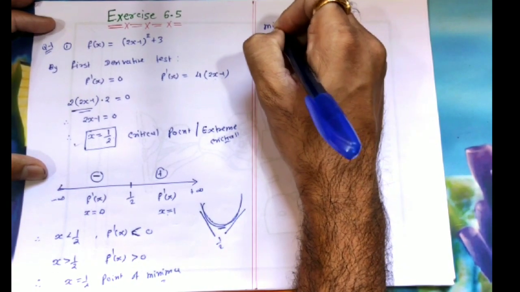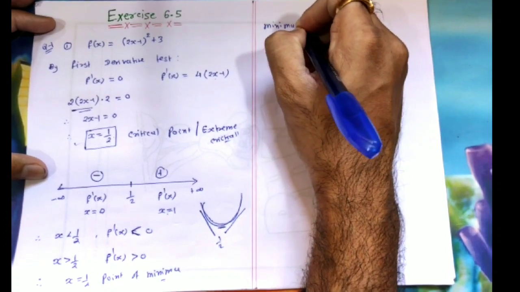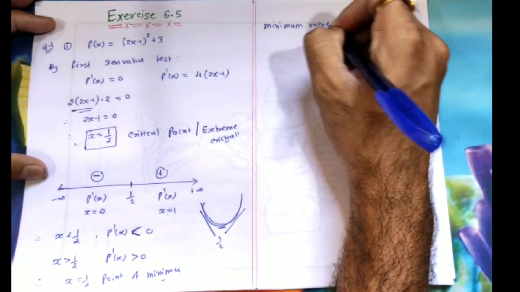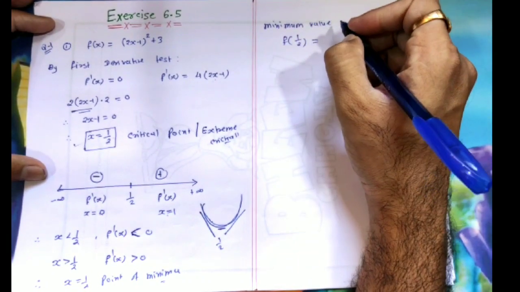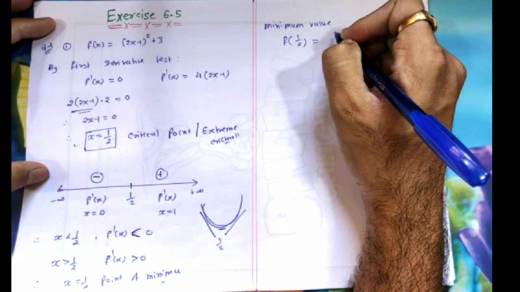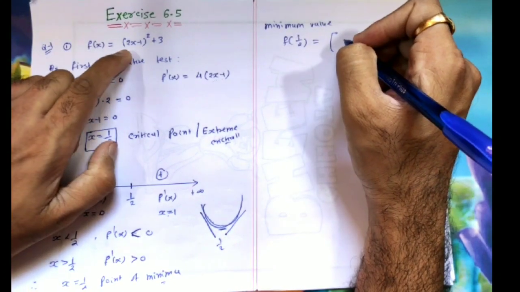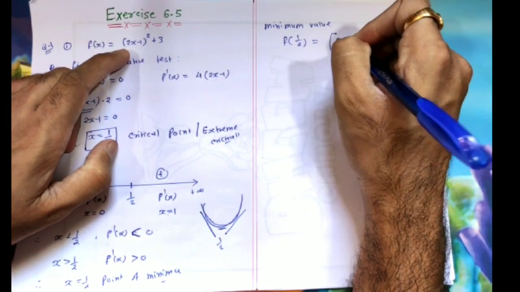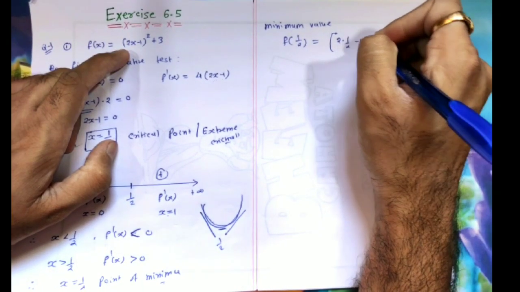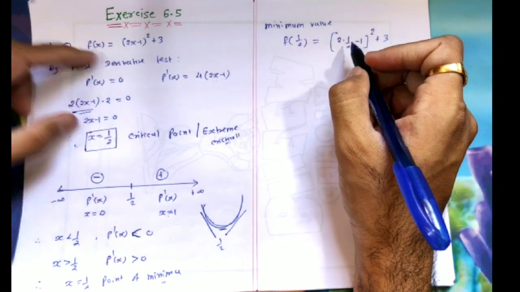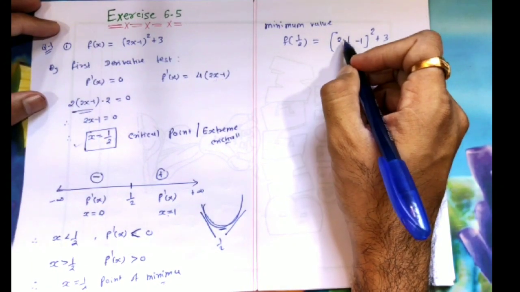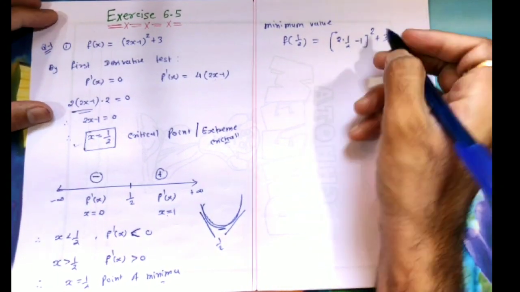So minimum value, we are getting minimum value of the function, which is f of 1 by 2, and that is equal to, put x equal to 1 by 2 over here. So it's 2 into 1 by 2 minus 1 whole square plus 3. 2 into 1 by 2, this is 1, 1 minus 1, 0 square, 0 plus 3.